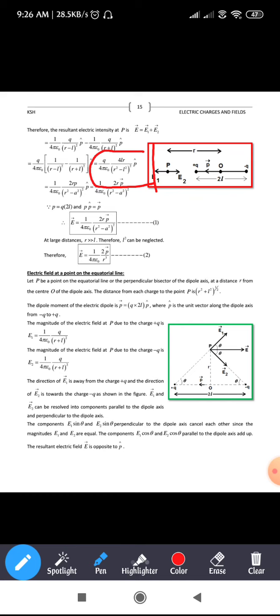So the next step can be written as, as you know, 1 divided by 4 pi epsilon naught into 2rp divided by r square minus a square to the whole square into p cap.